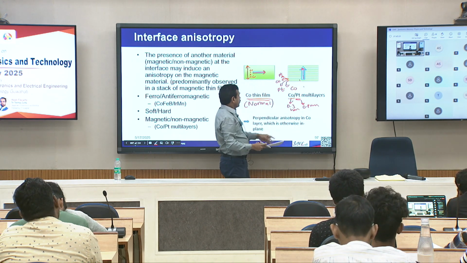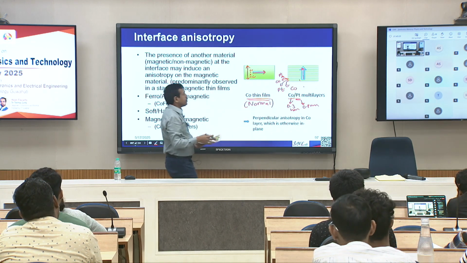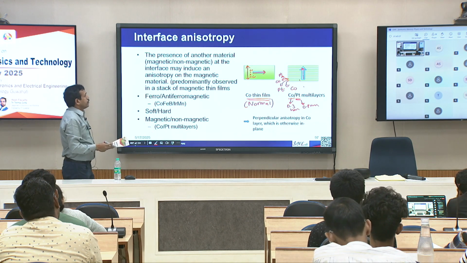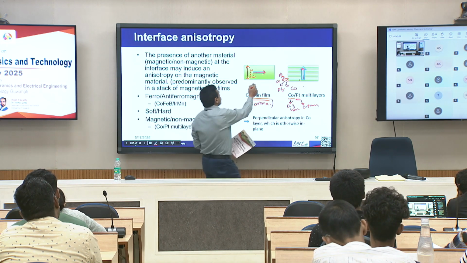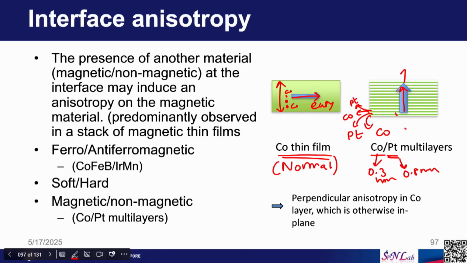So, you are modifying the interface, and because of this interface there is a perpendicular magnetic anisotropy. Now, you see that the easy direction is pointing perpendicular to the film plane.